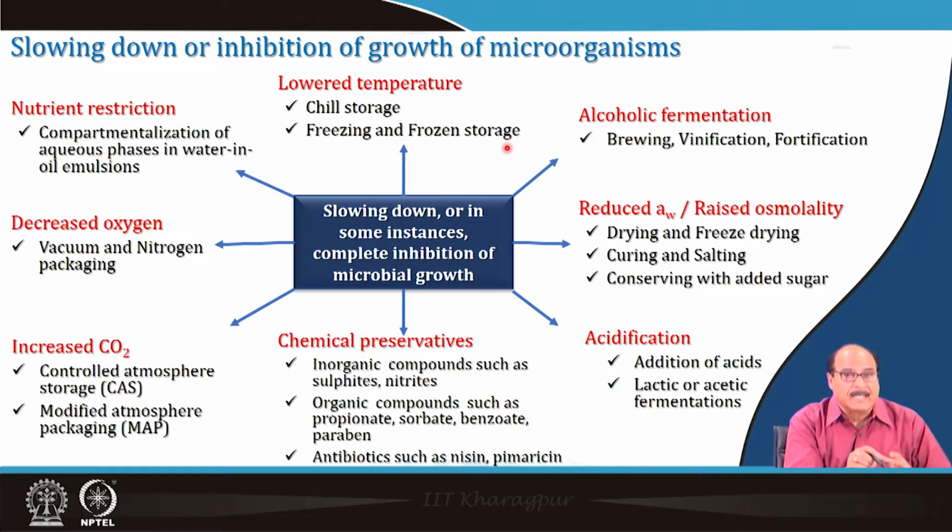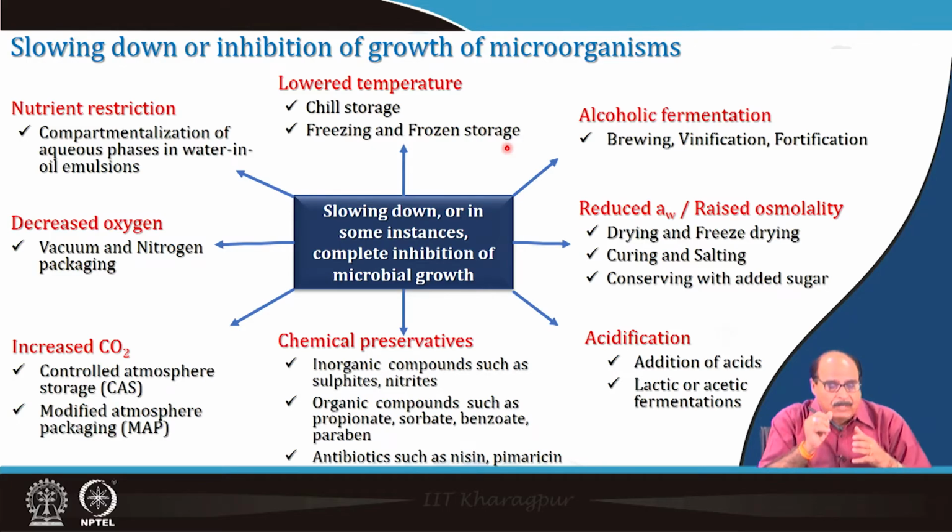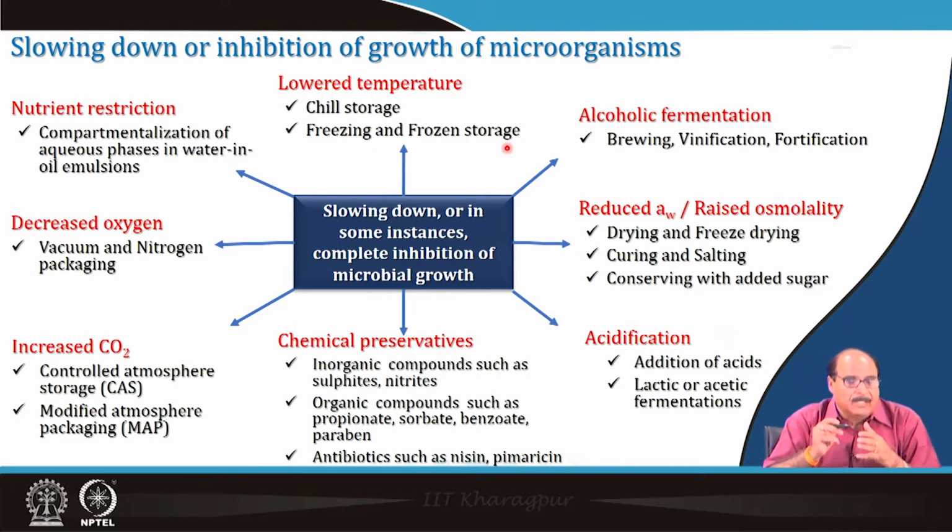Then nutrient restriction, where there is a compartmentalization of aqueous phases, as in water-in-oil emulsions, so that the nutrients present in the food are bound or compartmentalized in such a manner that the microorganism is not able to utilize them. Then decreased oxygen, like vacuum and nitrogen packaging, because oxygen is another factor which influences growth. Increased carbon dioxide, as in controlled atmosphere storage or modified atmosphere packaging.